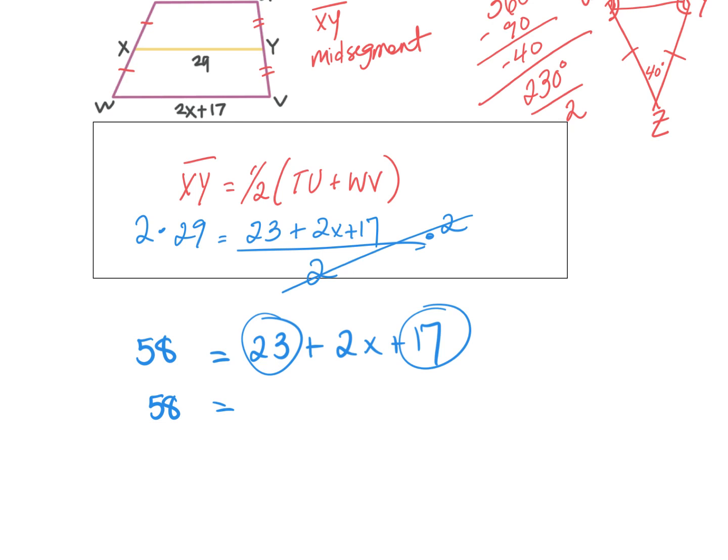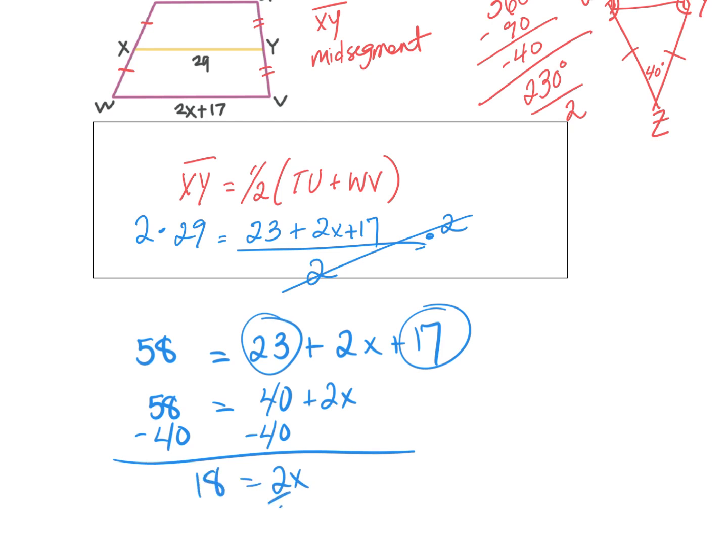Yep, that's 40. Plus 2x. To solve for x, subtract 40 from both sides, I get 2x is equal to 18. And when I divide by 2, x is equal to 9.